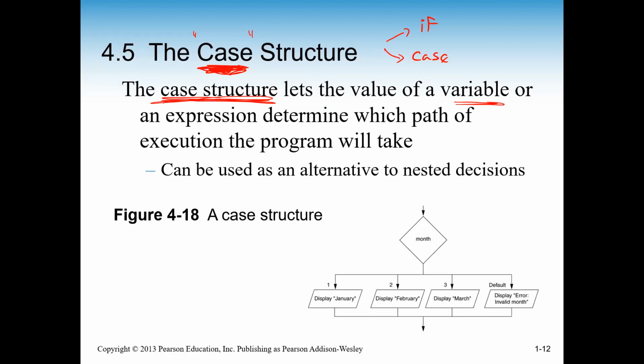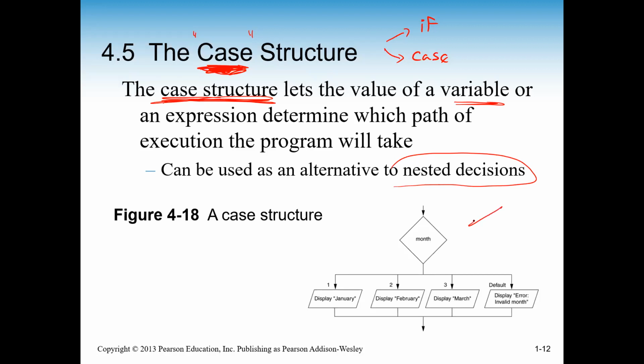It can be used as an alternative to nested decisions in particular. I think that definition is not very helpful, but we'll take a look at an example where it's a little bit clearer. Imagine drawers, like a cabinet. Every drawer is an option for a direction to take, or a path. So we'll take a look at that.